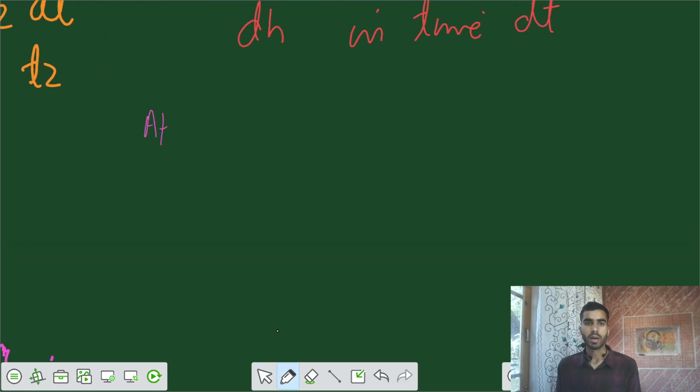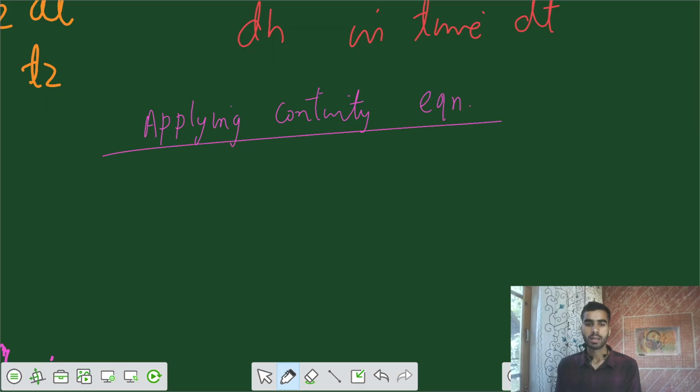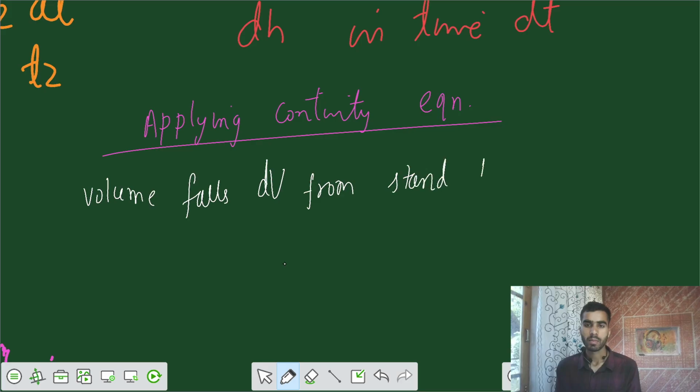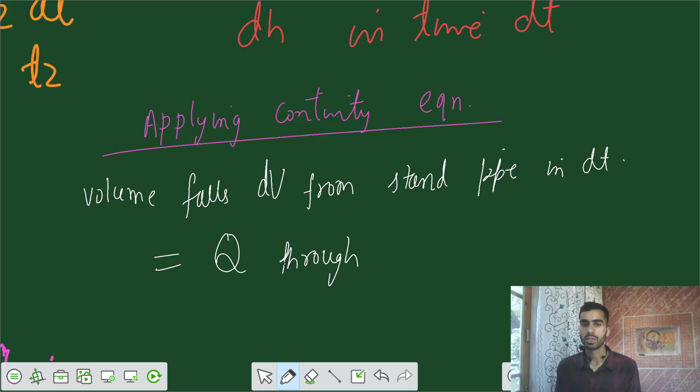So applying the continuity equation, the small volume dV that falls from the standpipe in small time dt should equal the discharge through the soil in that small time dt.